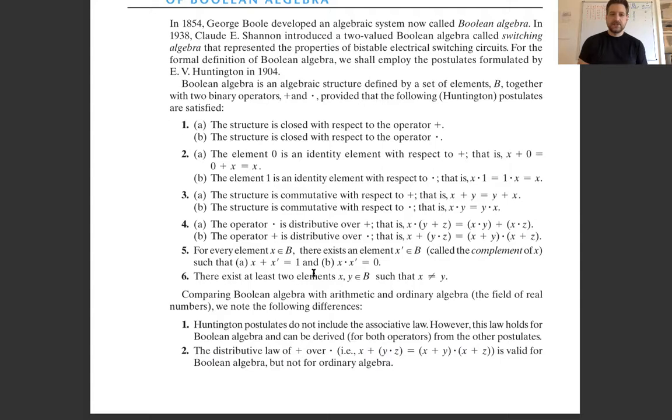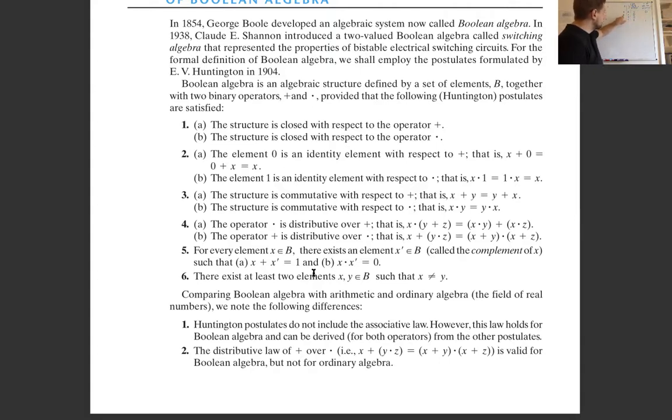So let's see if we can find in our table that something plus 0 is equal to the same something.